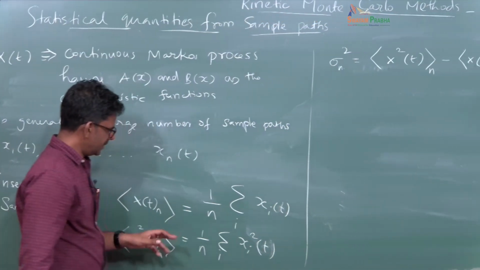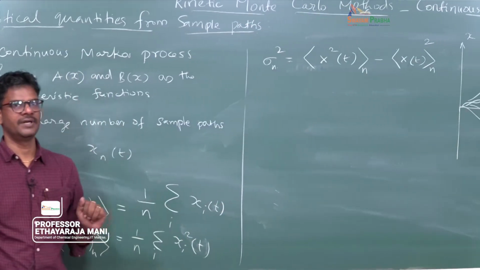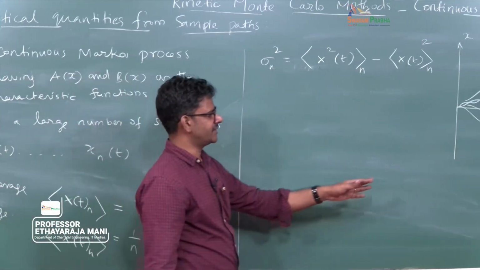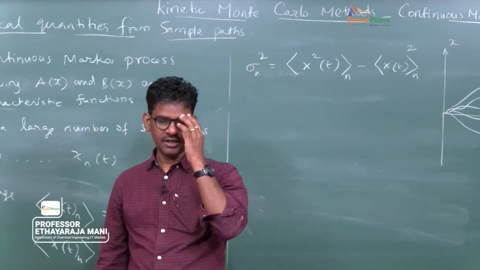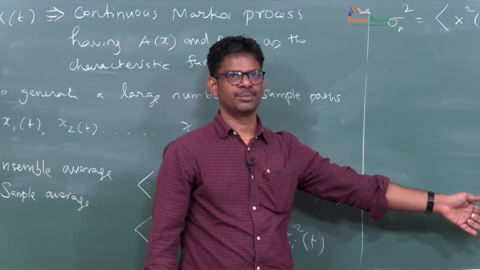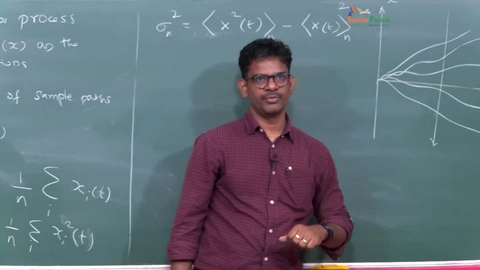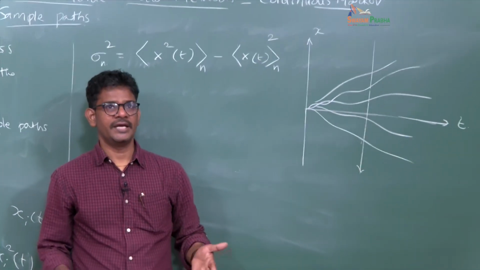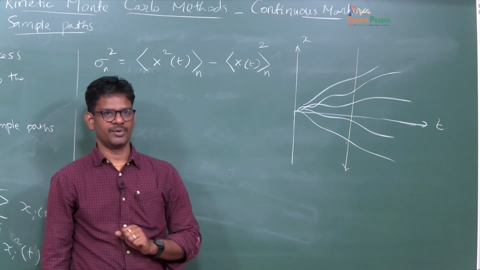Now clearly you can see that this value of the mean and variance that you are going to report will strongly depend on the number of samples that you have. But ideally what you want is a true average, and the true average you will get if you make an infinitely large number of samples. But creating each sample requires a lot of computational time. We cannot possibly create an infinite number of sample paths, so we can only create some finite number of sample paths.